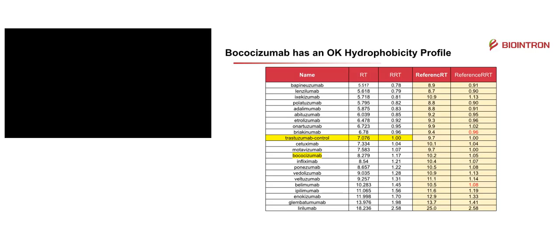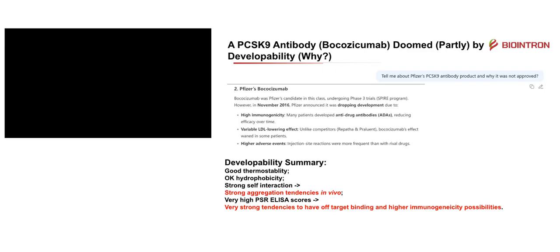It was more hydrophobic than trastuzumab, but still within our range. We will think if you have a relative retention time larger than 1.5, that means you have a bad antibody.